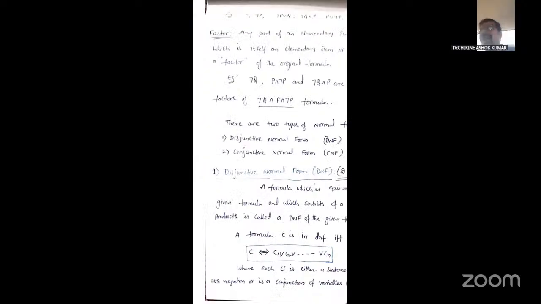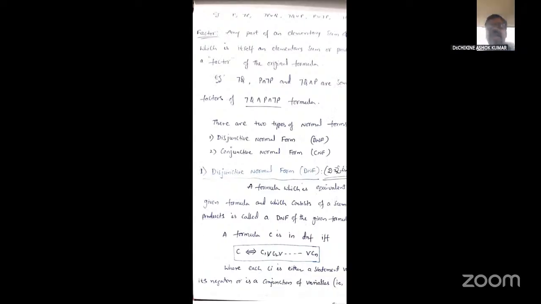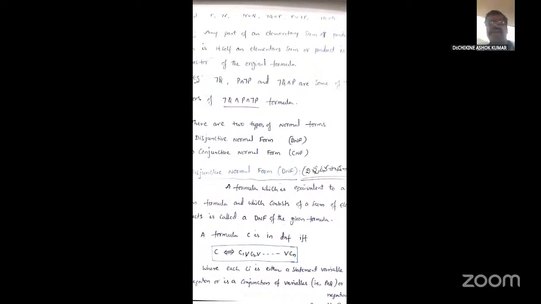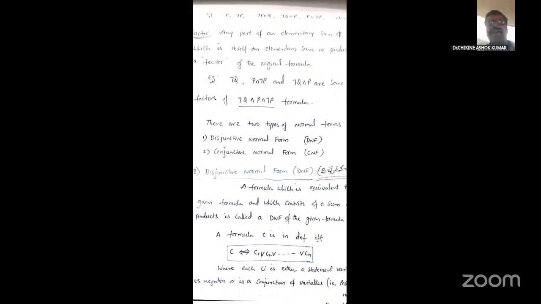Next, coming to the meaning of factor. These are the basic terminology. Before going to start the DNF, just listen to all this. Factor means any part of an elementary sum or product which is itself an elementary sum or elementary product is known as a factor of the original formula. So whatever the original formula is, for that formula we take the elementary sums or elementary products.